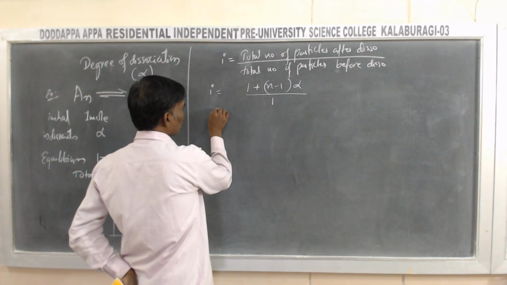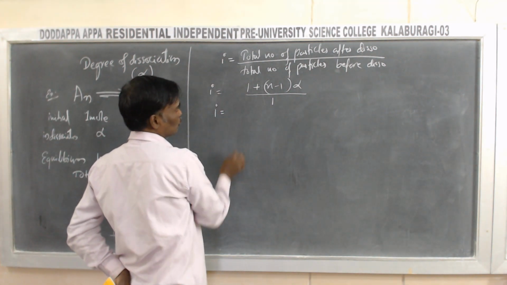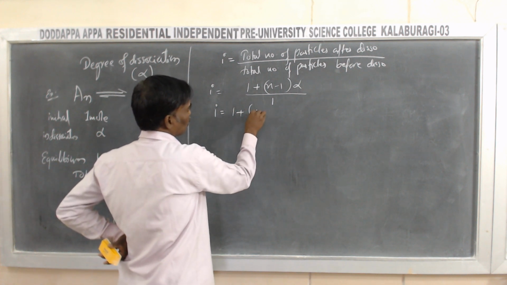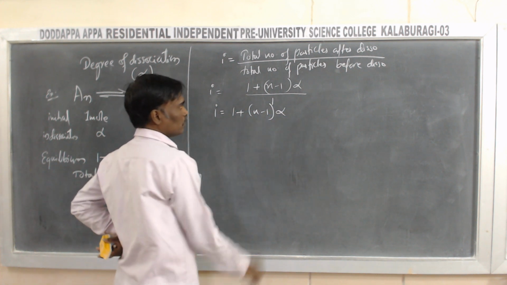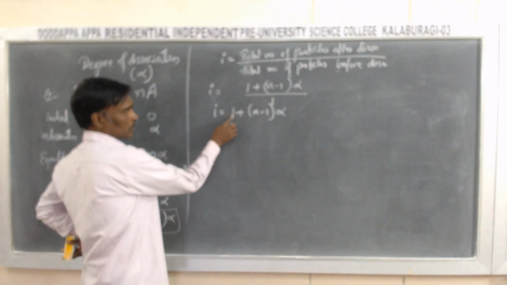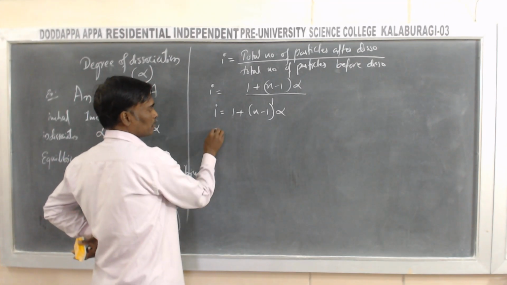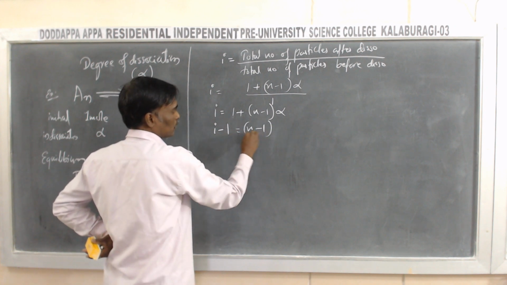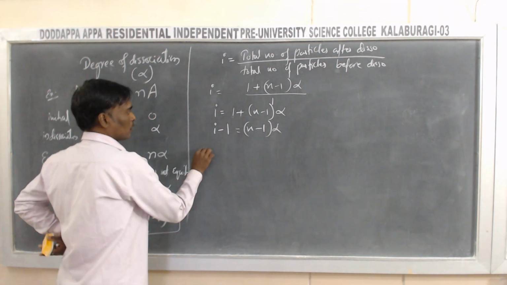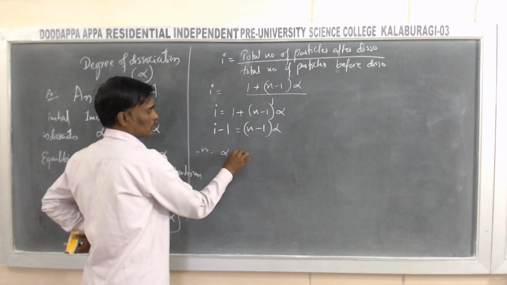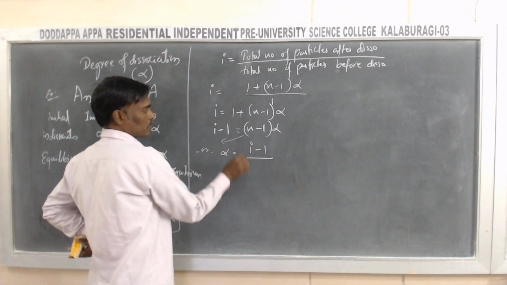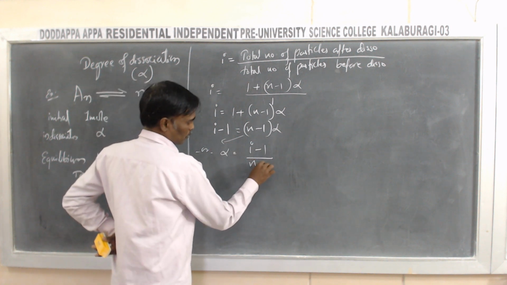Now you can simplify this as i is equal to 1 plus n minus 1 into alpha. Now this plus 1, if I take it to the left hand side, it becomes i minus 1 is equal to n minus 1 into alpha, or we can write alpha is equal to i minus 1, taking this to the left hand side, divided by n minus 1.